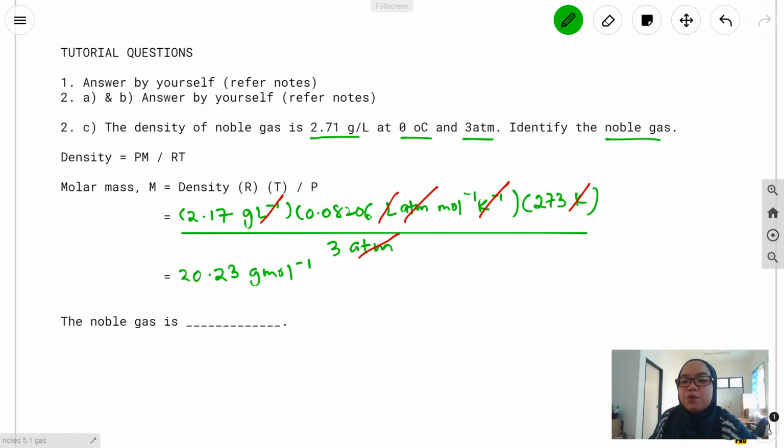When we look at the periodic table, which one is close to 20.23? It's neon gas. So from the periodic table, the noble gas is neon. This is the answer for question 2C.